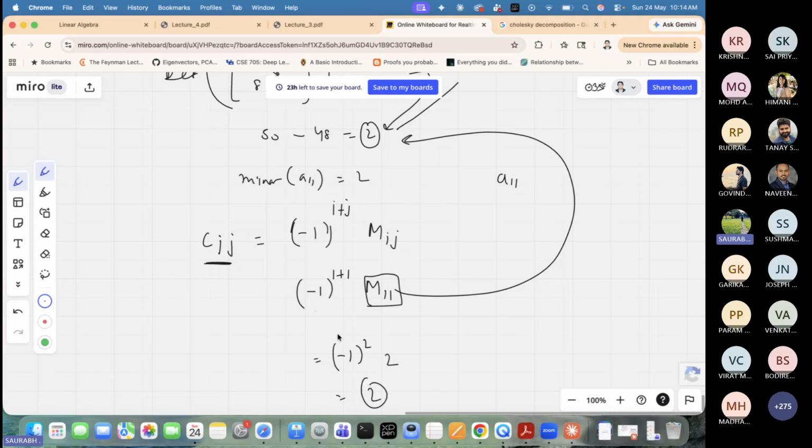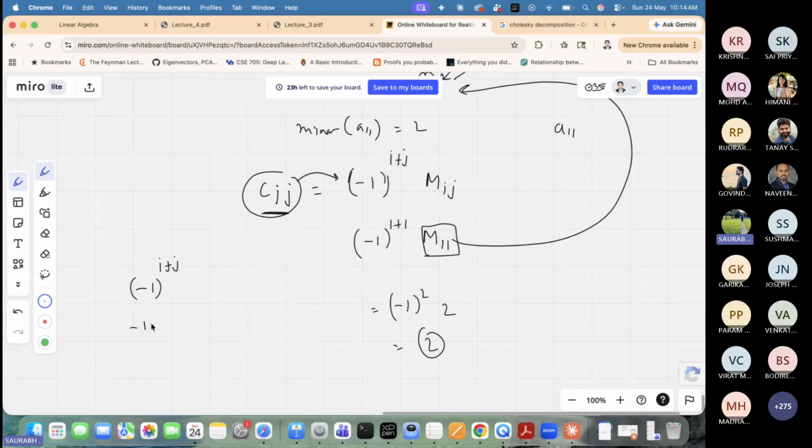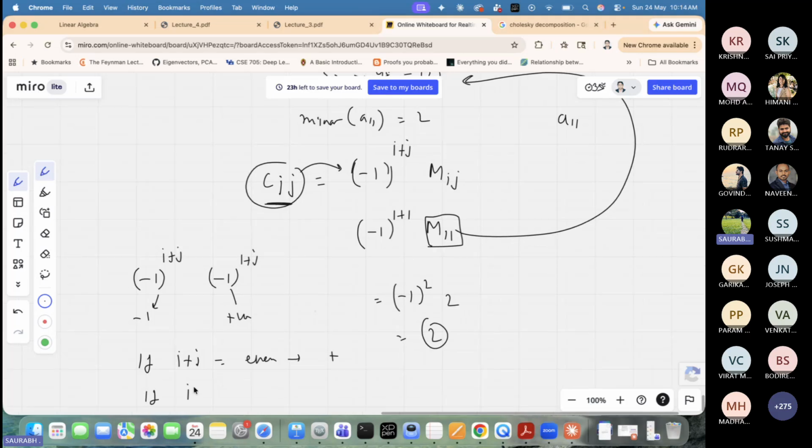So the cofactor gives a positive or negative sign to your minor, because minus 1 to the power i plus j would always be negative for odd values and always positive for even values. So if i plus j is even, then it's positive. If i plus j is odd, then it's negative.